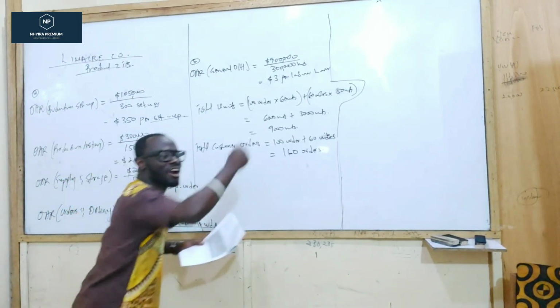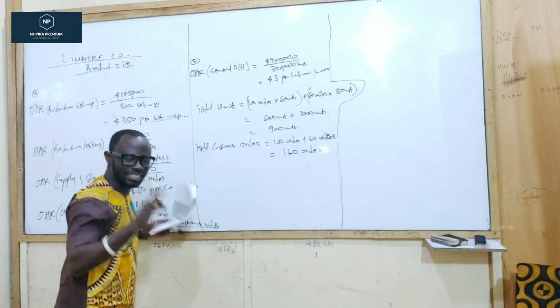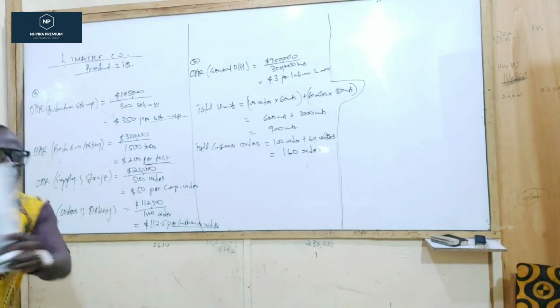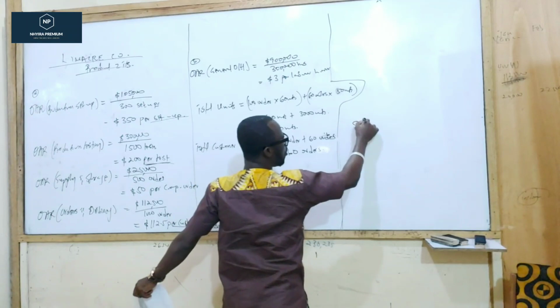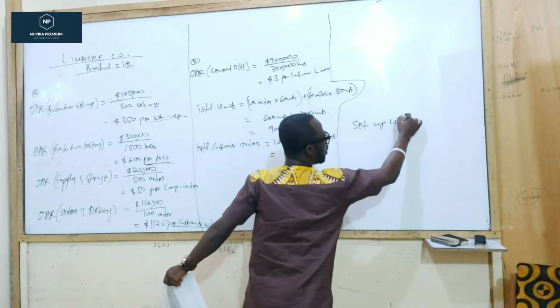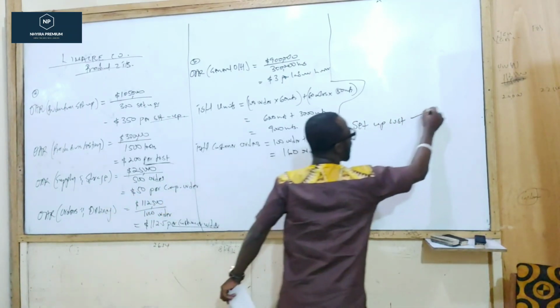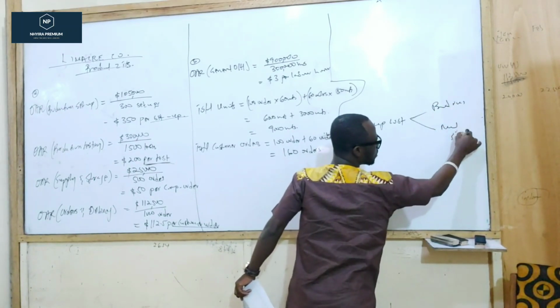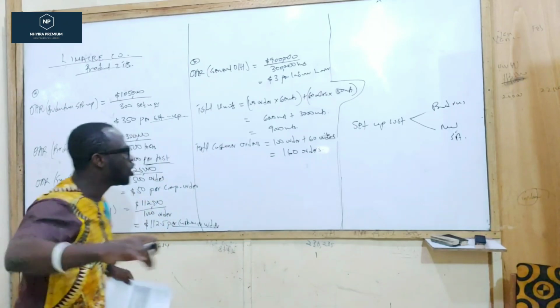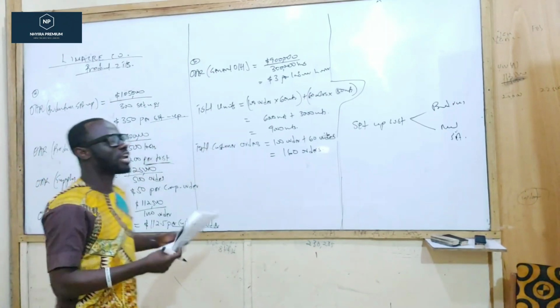Production runs is the same as setup. In other words, in a question where the examiner gives us a cost pool of setup cost, we can use the cost driver production runs or the number of setups.